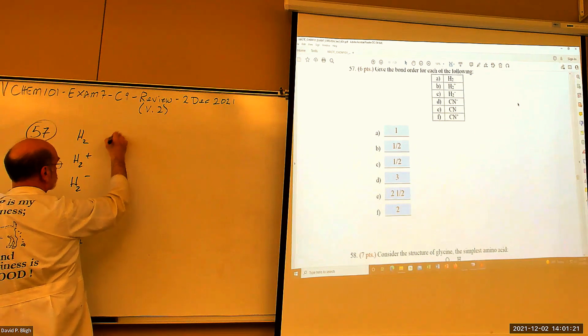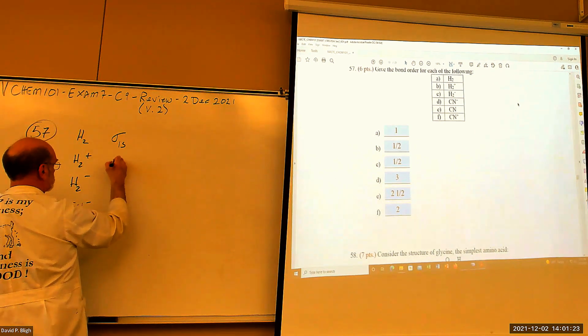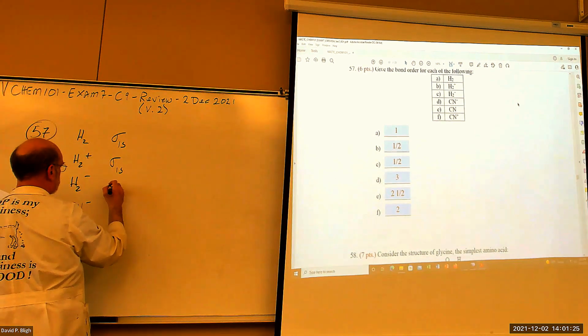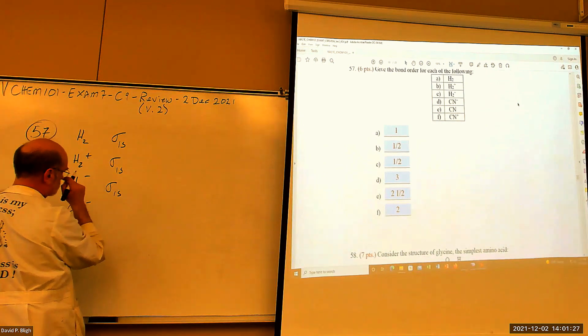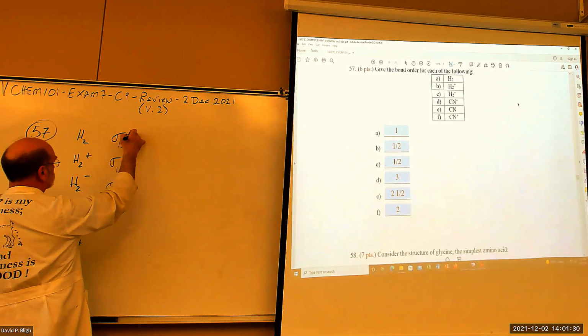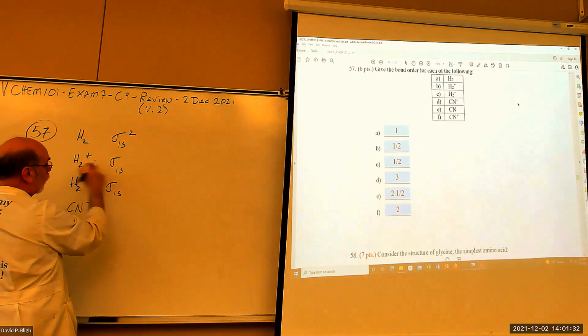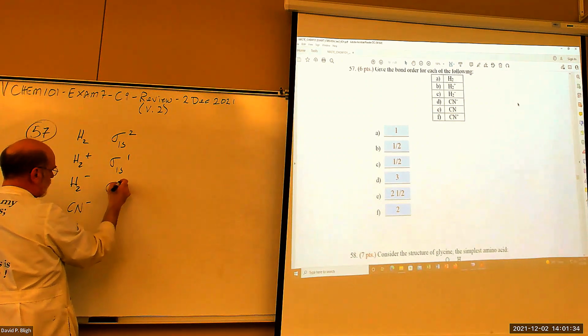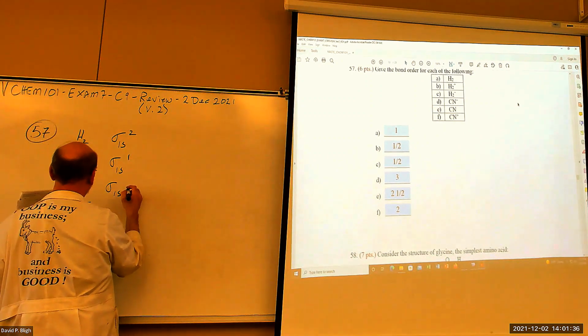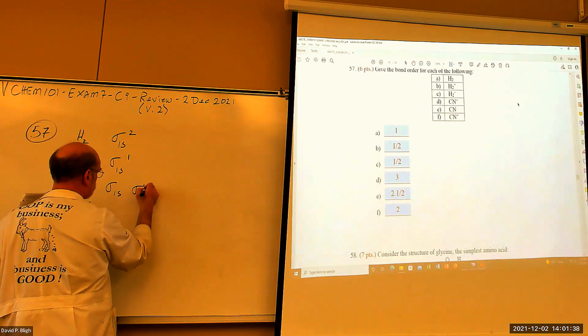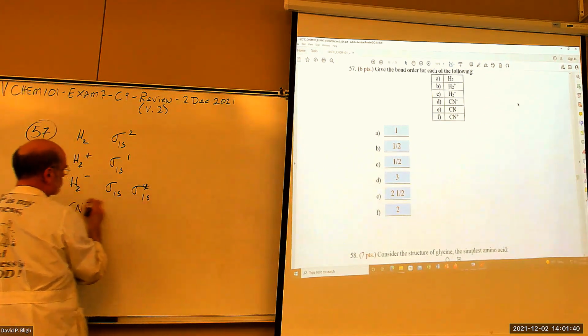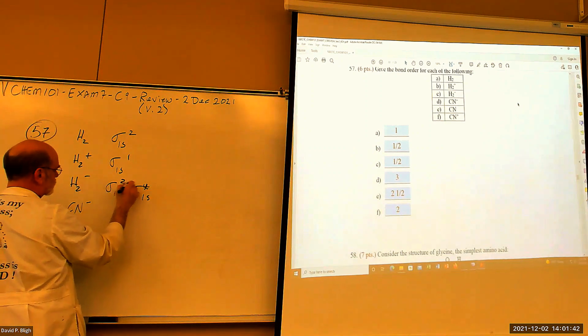We've got a sigma from the 1s, sigma from the 1s, sigma from the 1s. This one has 2 electrons in it. This one only has 1. This one has, oh, we need to go up. Sigma star. So this one has 3, 2 there and 1 there.